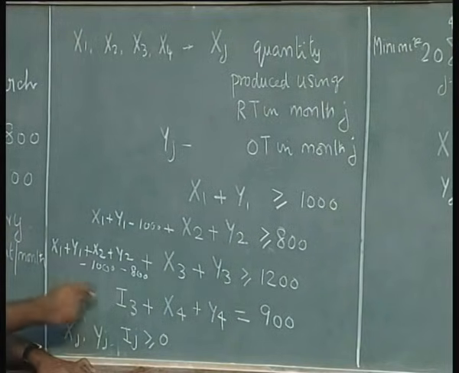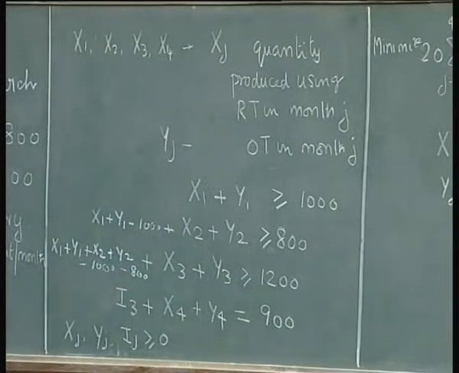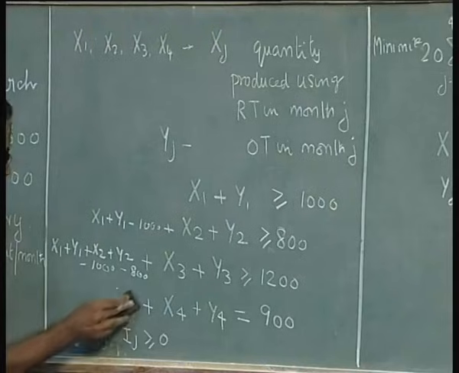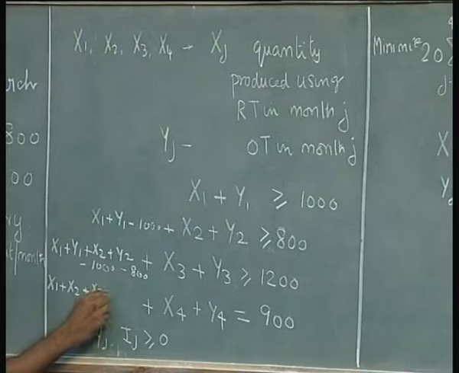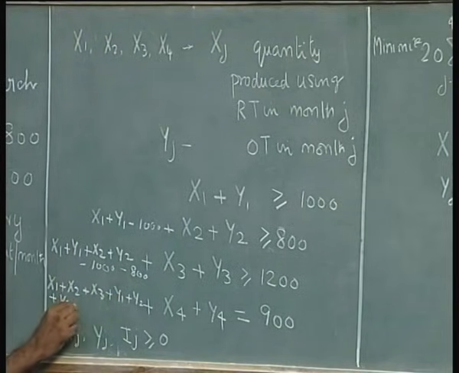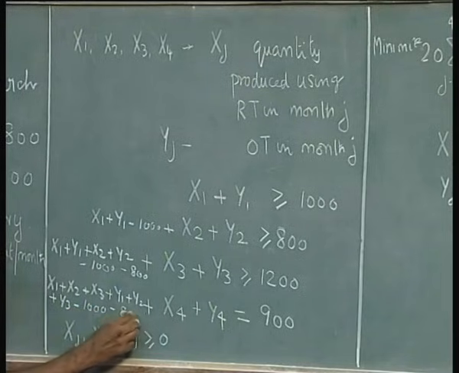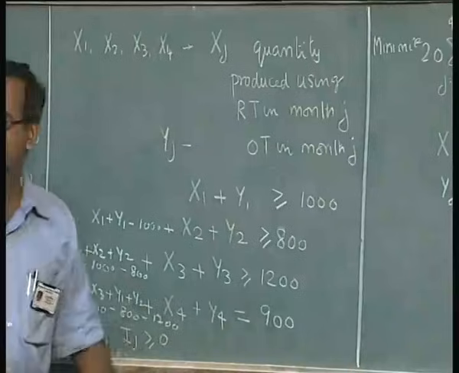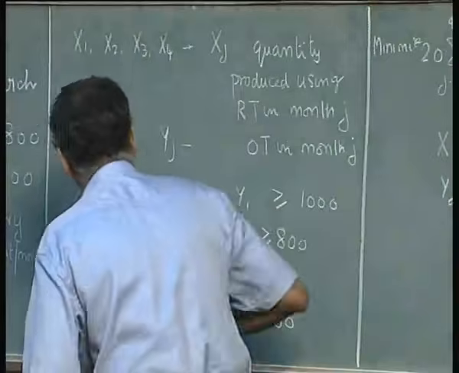Now what is I3? I3 is nothing but this left hand side minus 1200. So we eliminate this I3 here, and we write this as x1 plus x2 plus x3 plus y1 plus y2 plus y3 minus 1000 minus 800 minus 1200 is equal to 900. So we can eliminate these Ij's that are here.